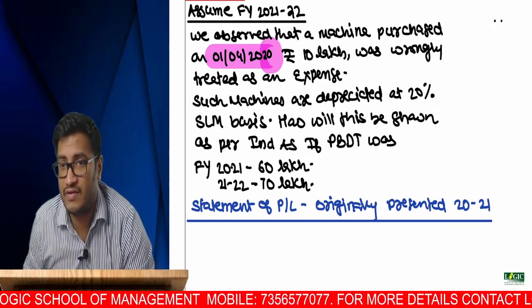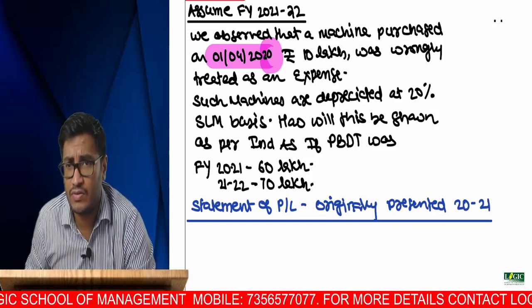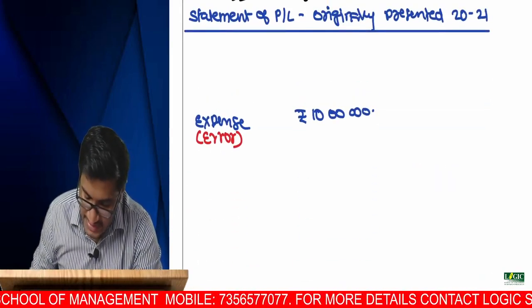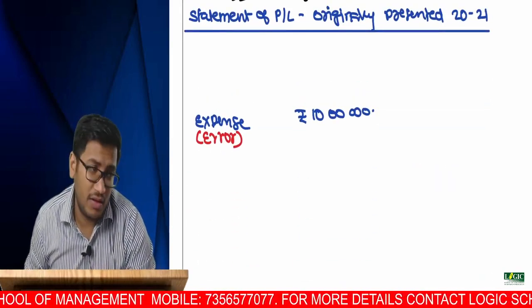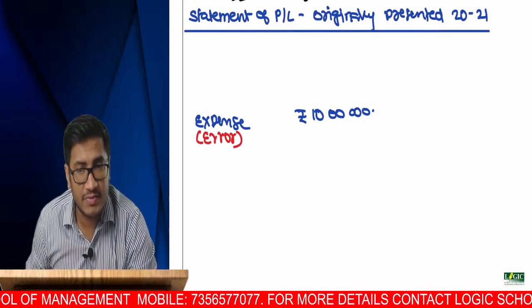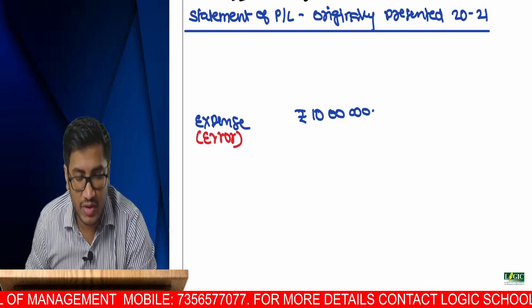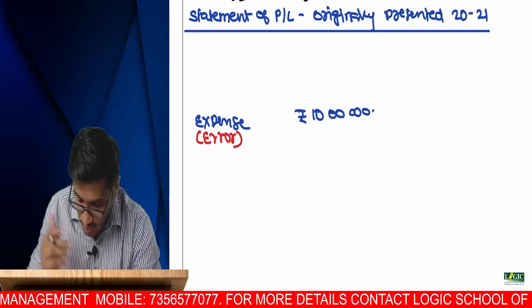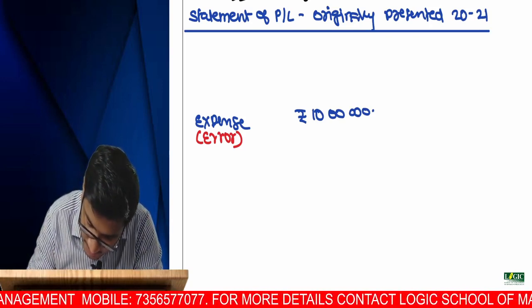Only then it becomes the previous year. The current year is 21-22. So last year they purchased the machine. They should have capitalized that particular machine, but unknowingly they haven't capitalized. They have shown it as an expense.